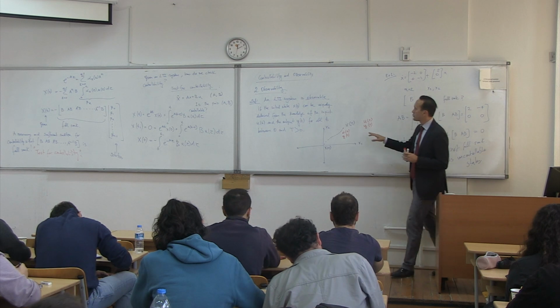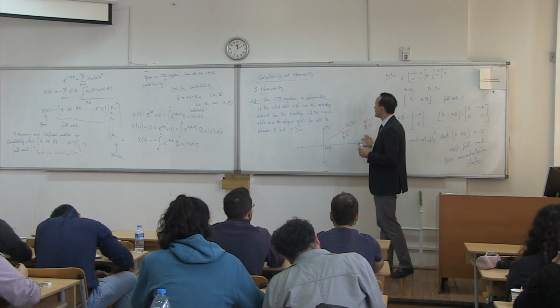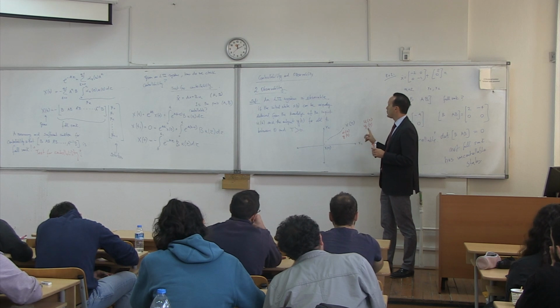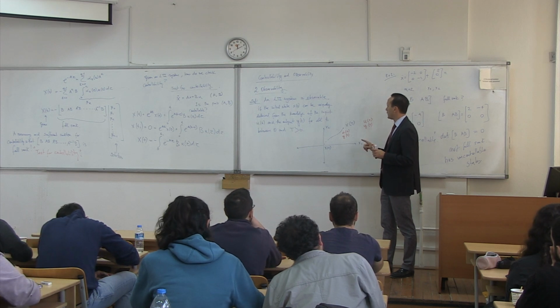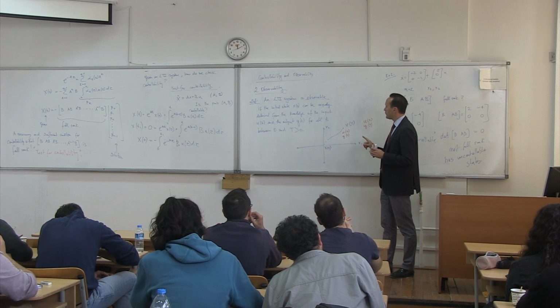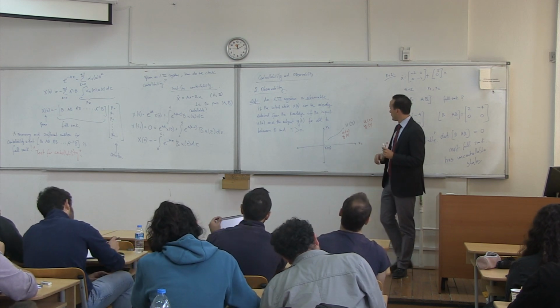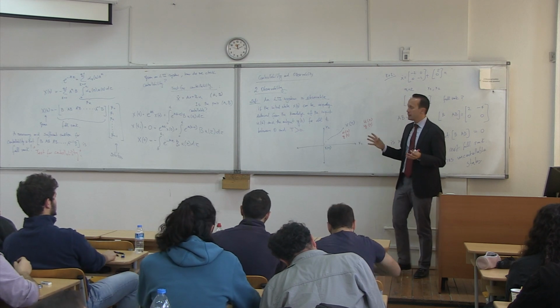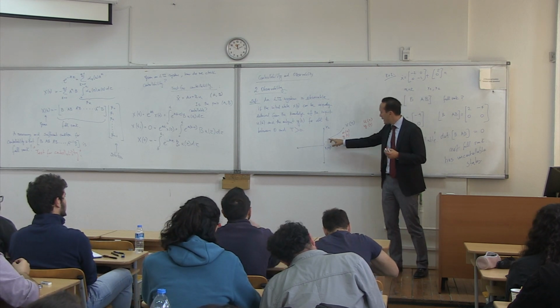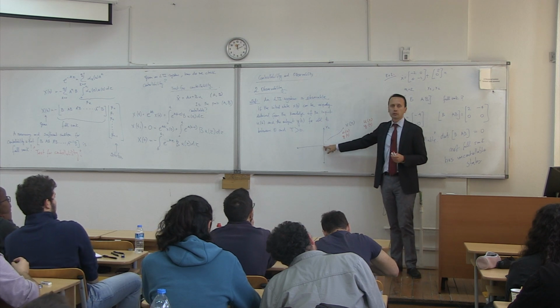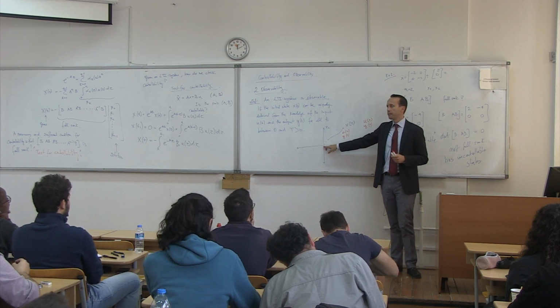An LTI system is observable if the initial state x0 can be uniquely deduced from the knowledge of the input u of t and the output y of t for all t between 0 and t. So I'm asking, given the time history of u of t, given y of t, can you tell me the initial condition?